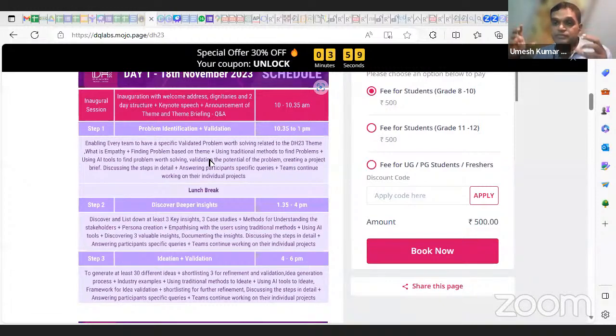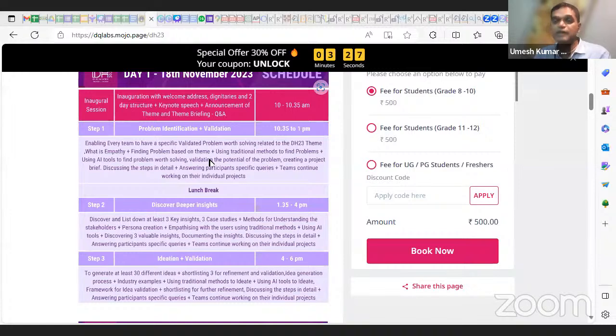This theme sets a context to the entire event. Of course, the theme is not announced prior to the event. It is only announced on the day of the event, such that the enthusiasm and the freshness of the thought process is kept alive. If a theme had been announced prior, everybody would have their own preconceived notions of how they would want to answer that particular theme.